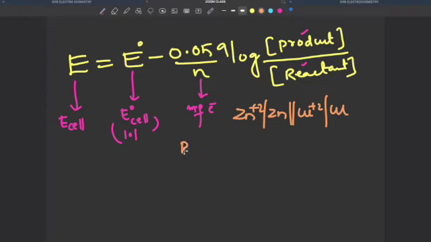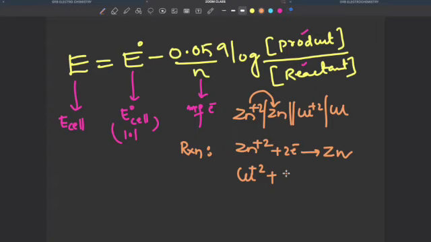So very first we have to write the reaction of the cell, then we can use the formula. What is the reaction here? Zn plus 2 is converting into Zn. So I'll write it as Zn plus 2 takes up 2 electrons and gets converted into zinc. This is oxidation reaction. What is reduction reaction?